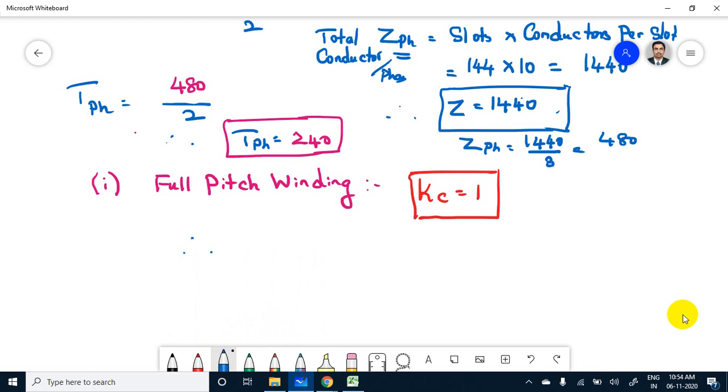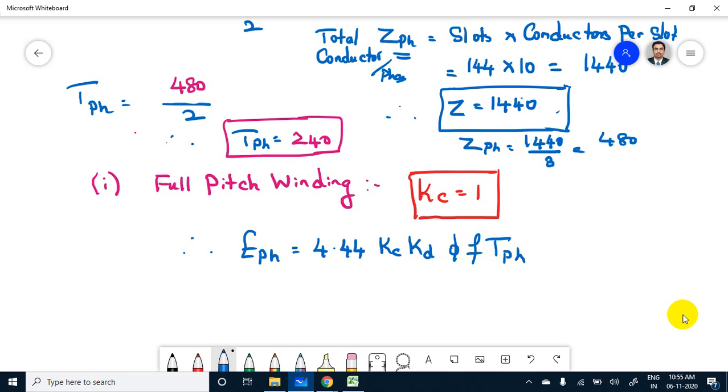Therefore EMF equation, E phase is equal to 4.44 Kc Kd flux into frequency into T phase.